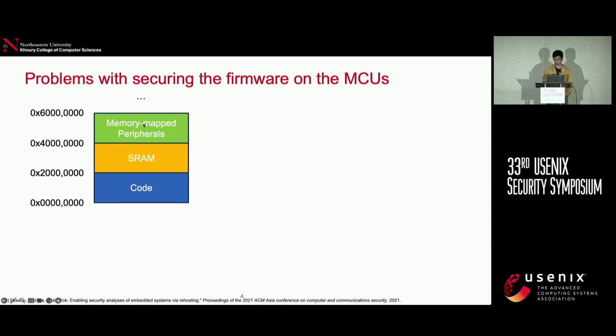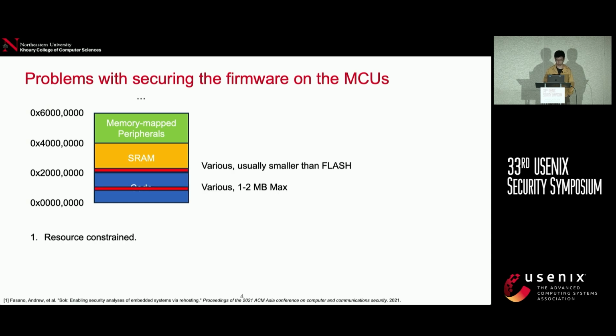The first difficulty is that it's very resource constrained, like I mentioned earlier. Even if you have this huge segment dedicated for memories, in reality, you only have a very small chunk of memory available. In flash, you have at most 1 to 2 megabytes, and in RAM, it's usually even smaller.